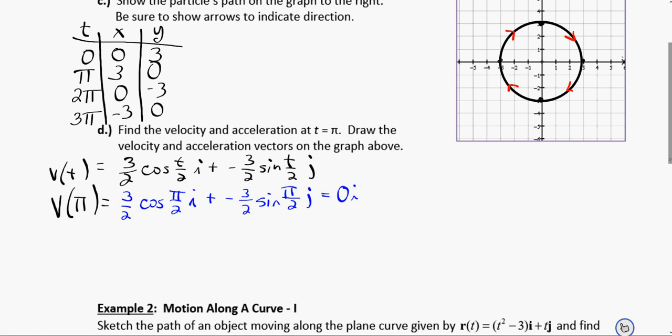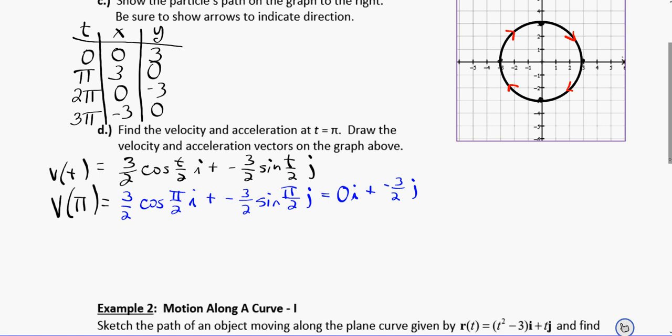I could just go ahead and not write anything. But it's nice to know, with you just working with vectors, some of you for the first time, that I've got no motion, no velocity, in the horizontal direction. Plus -3/2 j. Now that's what's happening at time pi.